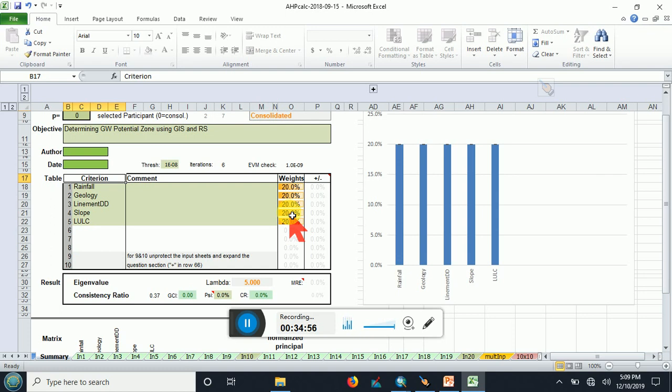And what AHP does is it compares each and every factor in a pairwise way. That means it will compare rainfall with the other 4, land cover with the other 4, and similarly the other factors with the other 4. Again, because we wrote the thematic layers here, automatically they are also displayed in the sheet. For instance, check the first sheet.